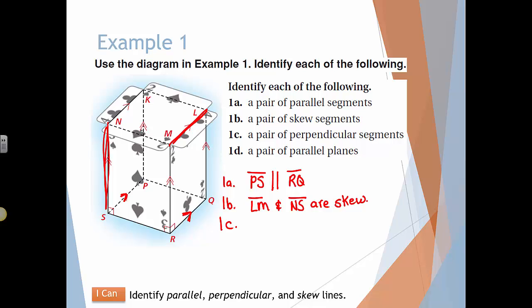All right, for 1C, a pair of perpendicular segments. Let me look for my right angle mark. I see it right here in the corner, and that would be segment NS is perpendicular to segment SR. There are other options, but that's the one that I chose. And then lastly, parallel planes. Remember that we name planes with three letters.